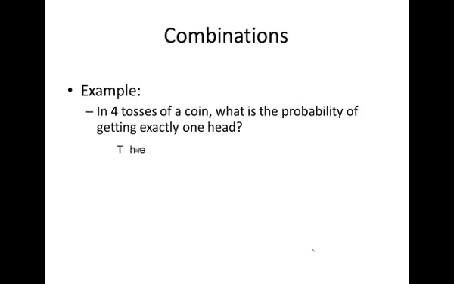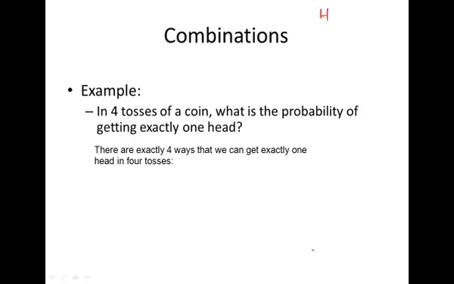Well, there's exactly 4 ways that we can get exactly 1 head in 4 tosses, which are HTTT, THTT, TTHT, and TTTH. Notice there's 4 ways to get exactly 1 head.